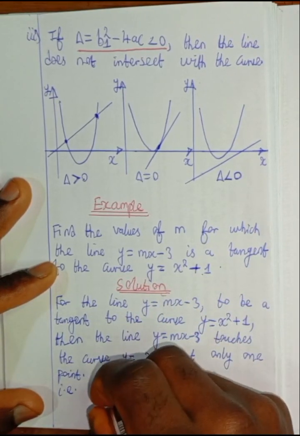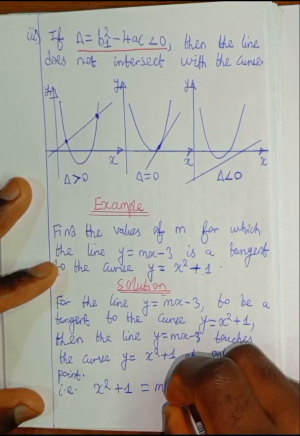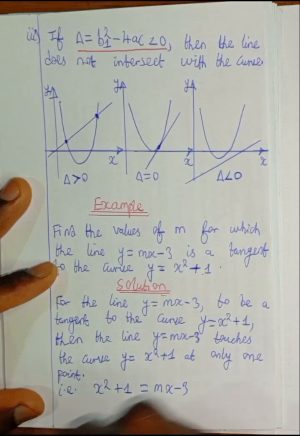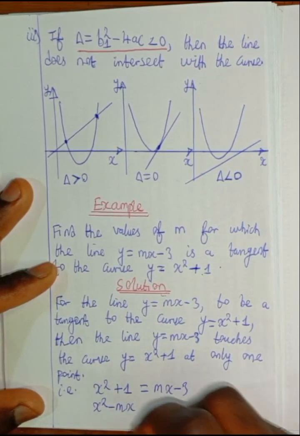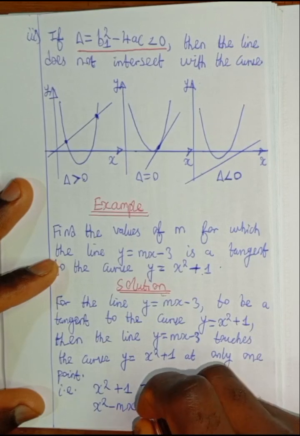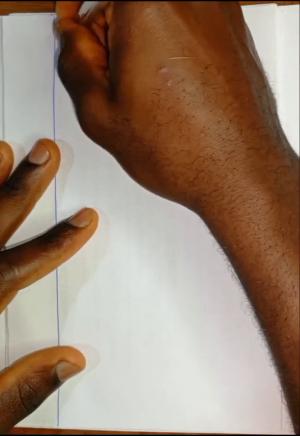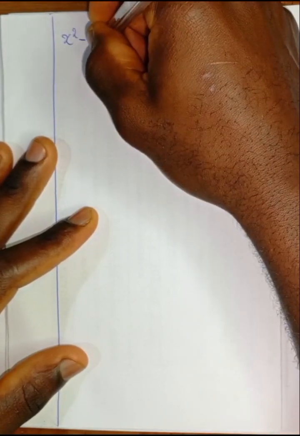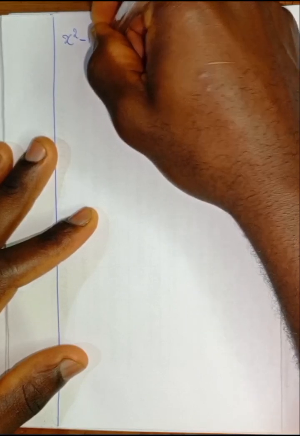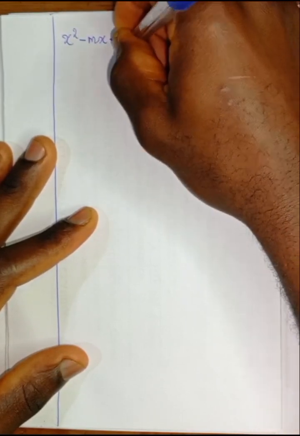This gives us x squared plus 1 is equal to mx minus 3. This will give us x squared minus mx plus 1 plus 3 is equal to 0. This will simply give us x squared minus mx plus, if you take 1 plus 3 gives us 4, is equal to 0.